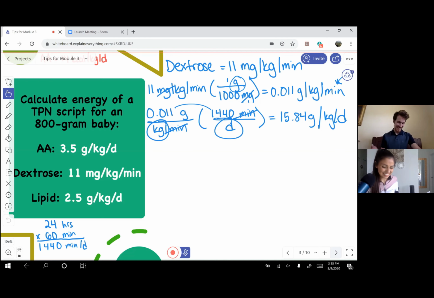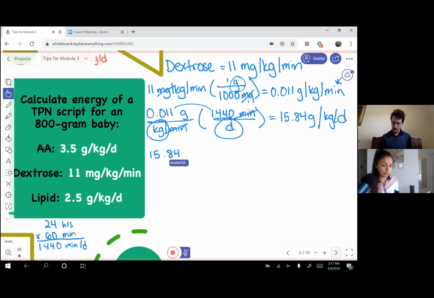It can be confusing because, regularly, we think it's 4 calories per gram of carbohydrate, but that's not the case. This time we're looking at dextrose, and in this manner, it would be 3.4 calories per gram of dextrose. Yes. So we're going to rewrite this part of the formula.